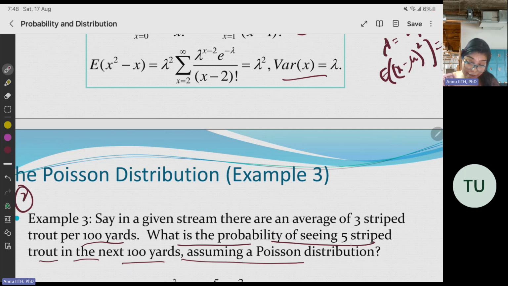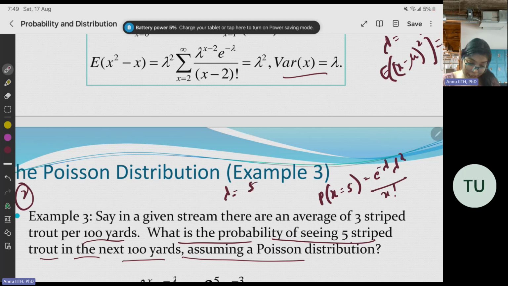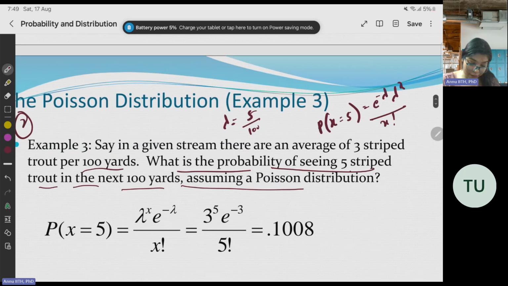So it is asking for 5. The average is 3 per 100, so lambda is 3 per 100. P of x equals 5 is e power minus lambda, lambda power x by x factorial. Let's see the solution itself.